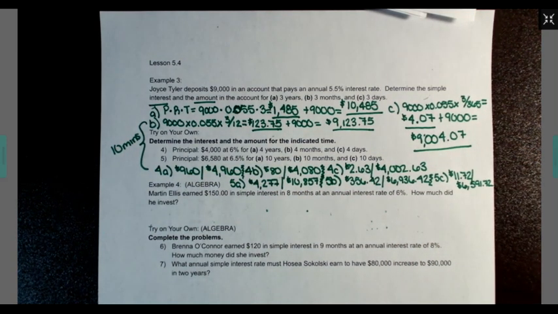Notice as you kept the money in there less and less, the amount of interest earned was smaller and smaller. So keep that in mind. Now, on the next slide, you're going to see a debriefing question. Answer that, and then we'll move on to example 4.